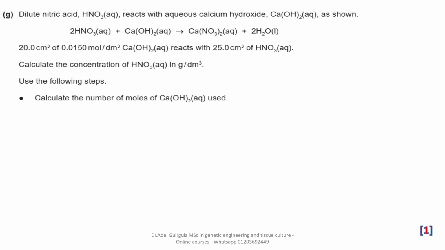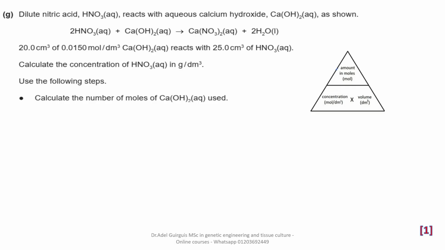We need to draw this triangle to show the relationship between the amount of substance in moles, and the volume and concentration of the same substance. Here the question is about calcium hydroxide.